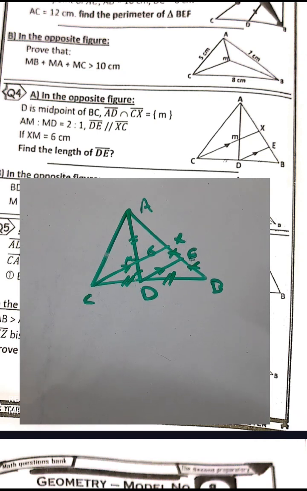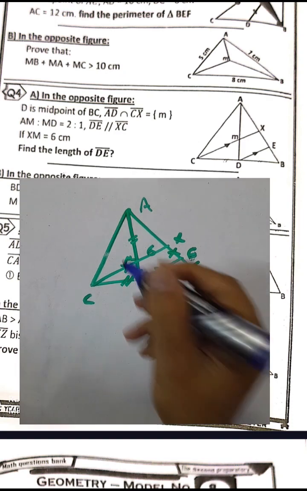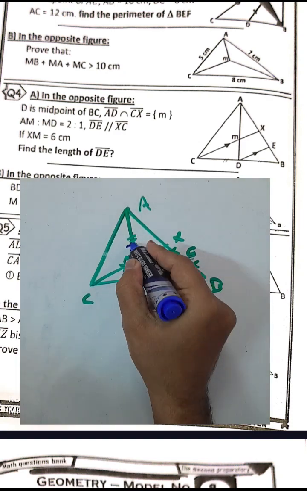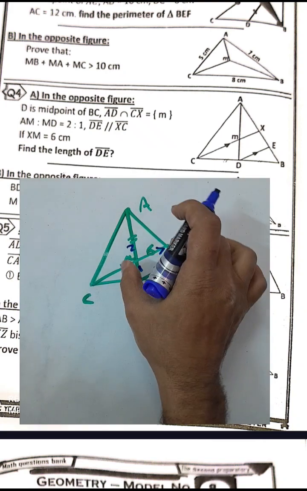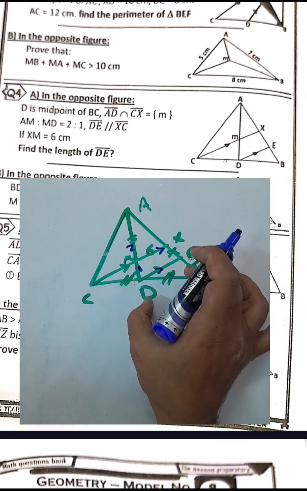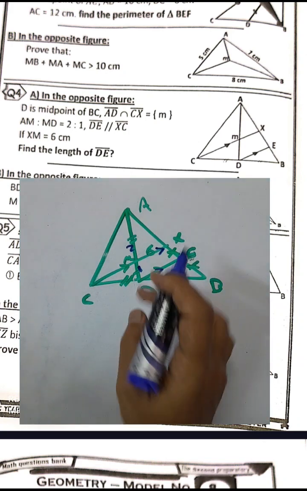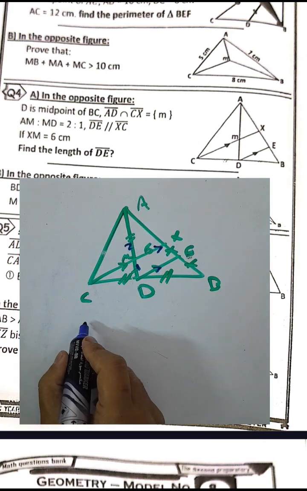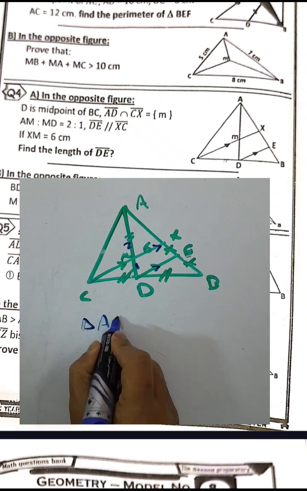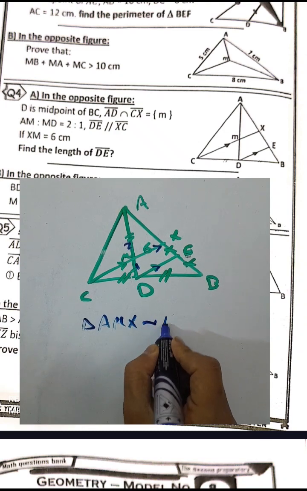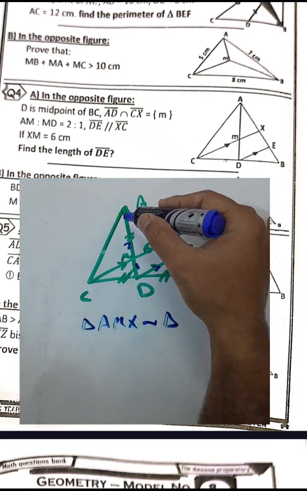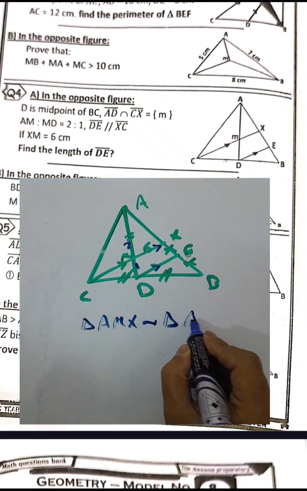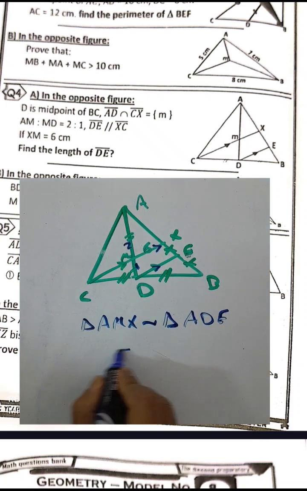And we have the ratio 2 to 1, and we have MX parallel to DE. You can find the ratio between them: the first triangle AMX is similar to this triangle ADE. We write AMX and ADE.